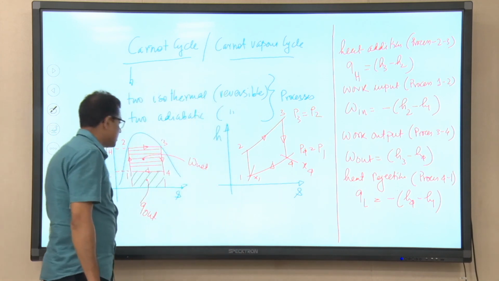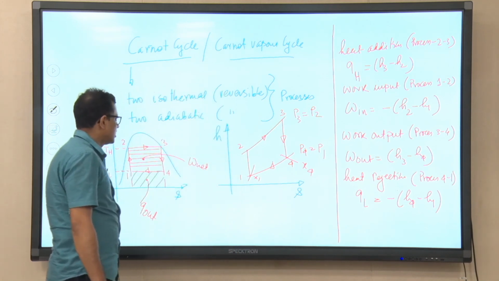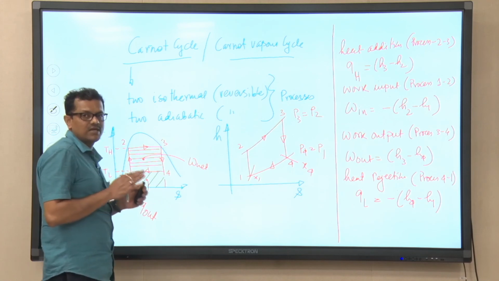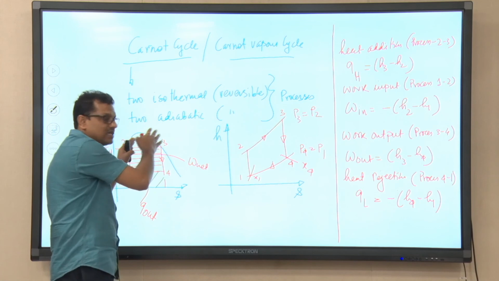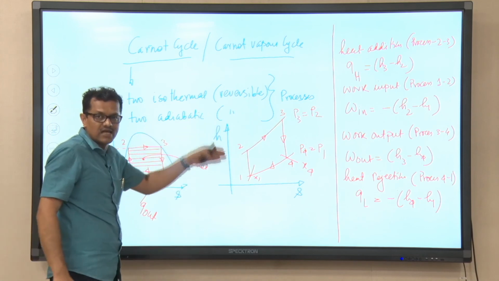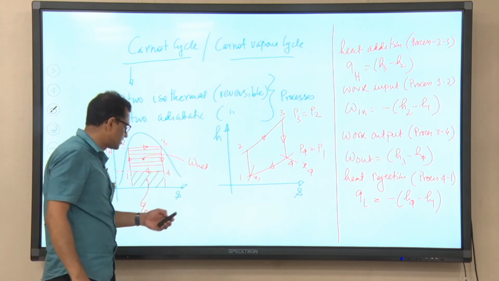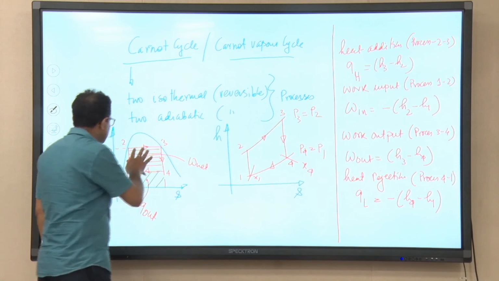So, basically now my objective is to calculate the efficiency, since it is an ideal cycle. So, efficiency that we will be getting from this exercise will be the ideal cycle efficiency. So, you can understand from the TS plane itself.